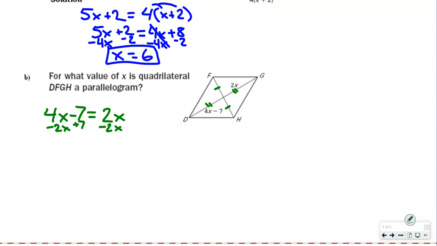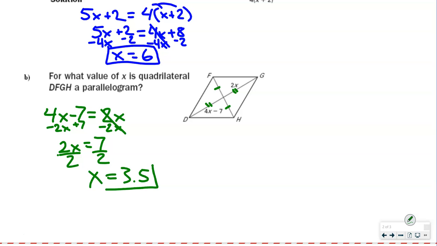Add the 7 to the other side. So I get 2x equals 7, divide by 2. So x equals 3.5. Seven divided by 2.